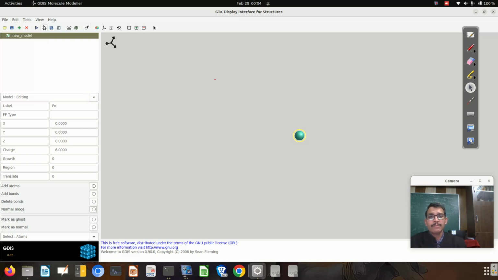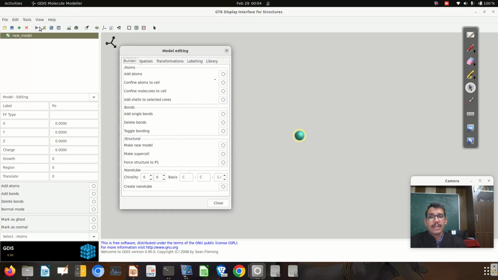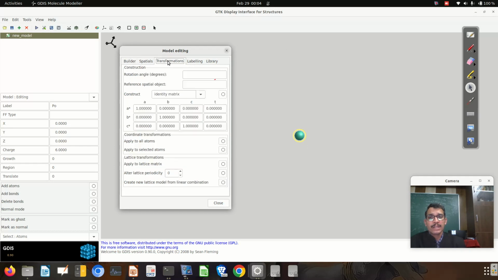First of all, let me confine this inside a box. For that, I go to model editing, then transformations. The lattice constant of polonium is 3.34. So in place of 1 1 1, let me write 3.34, 3.34 and 3.34.